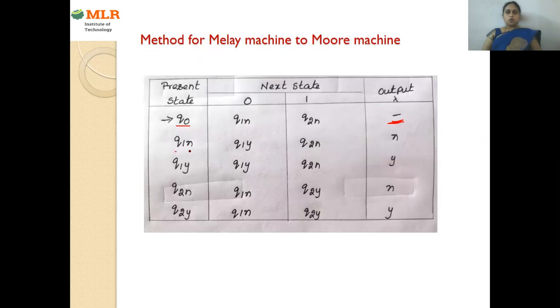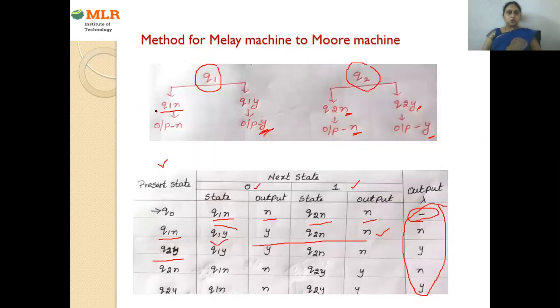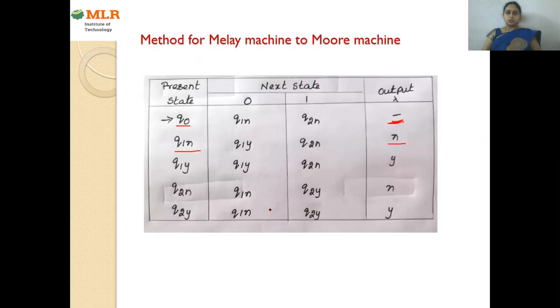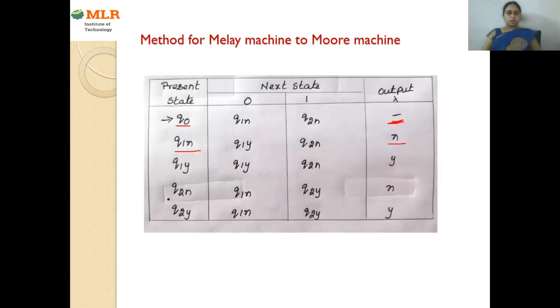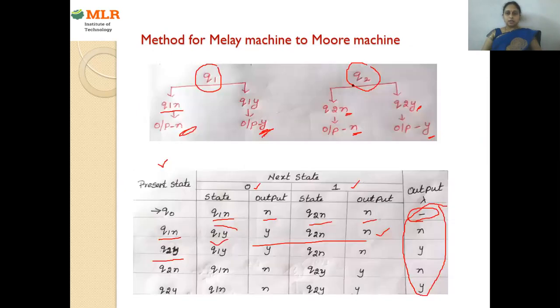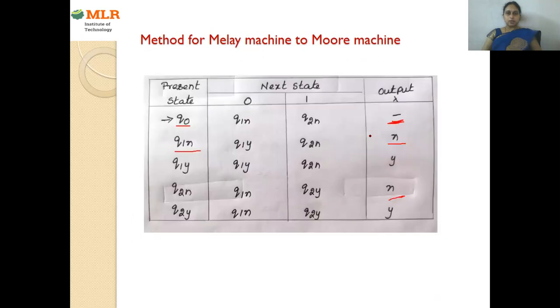Now, for Q1N, the output is N, as we have already seen here. That's why we place N here. For Q1Y, the output is Y, so we place Y here. In a similar way, for Q2N, the output is N, because we divided Q2 into two parts. For Q2Y, you get the output as Y. Don't consider this one; just consider the present states you have represented, and represent the output accordingly.